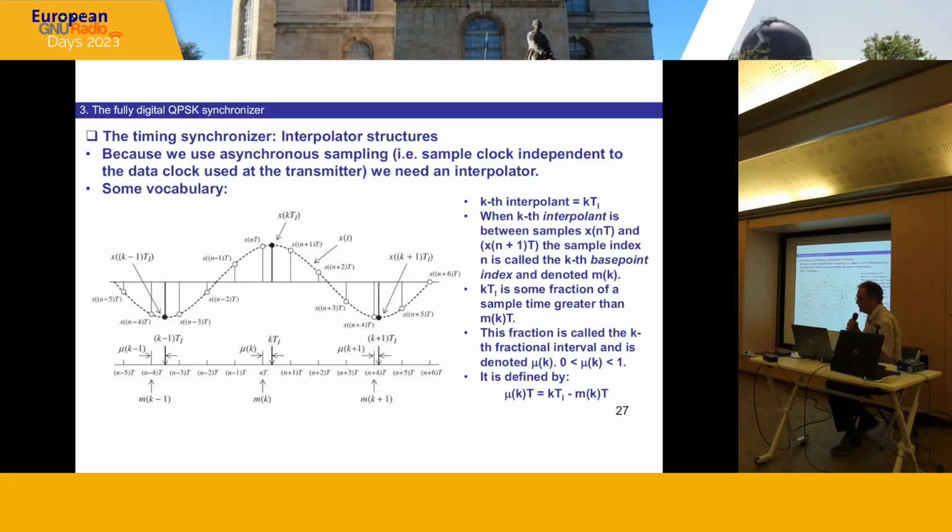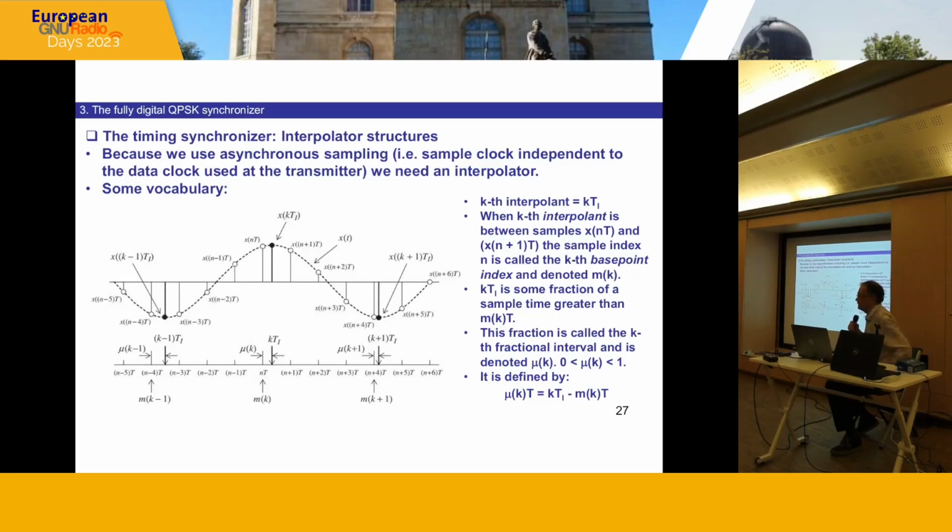The last important thing to know about this timing loop is that you are not synchronized with your ADC clock. You've got a new time domain that you try to synchronize with the symbol time.